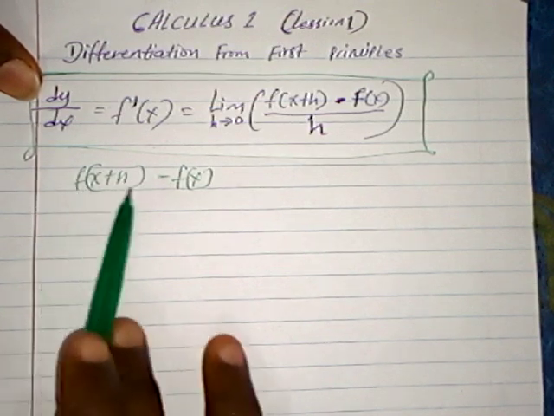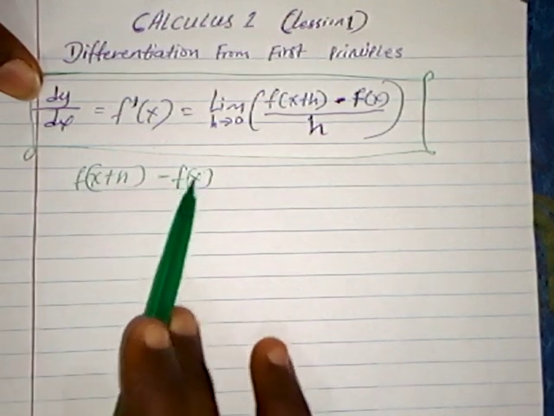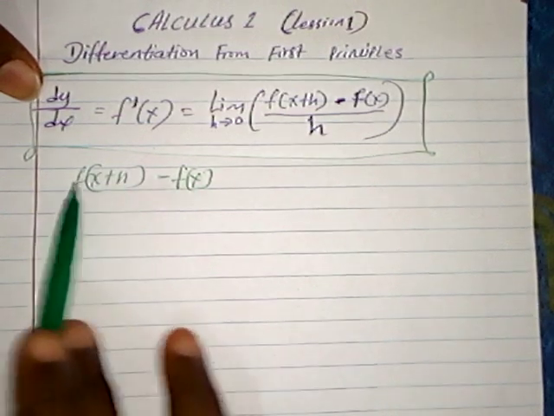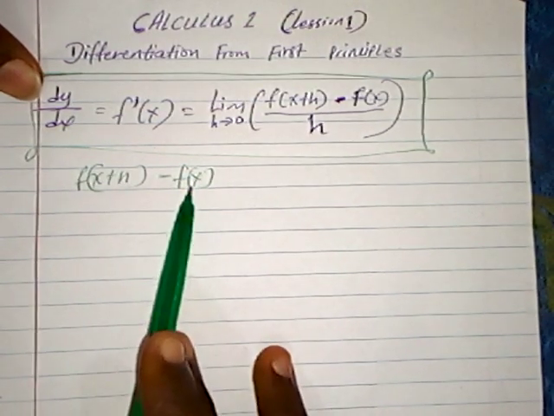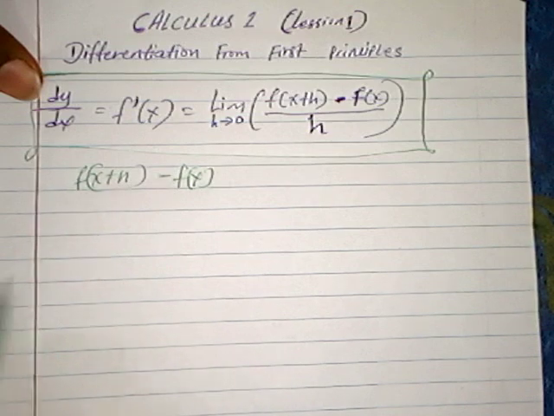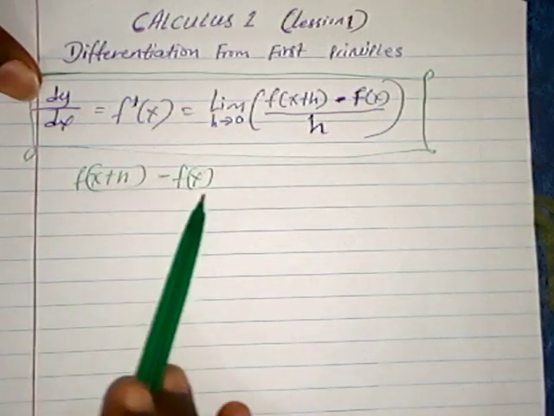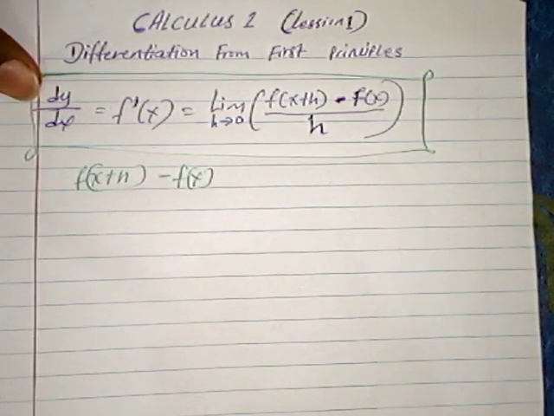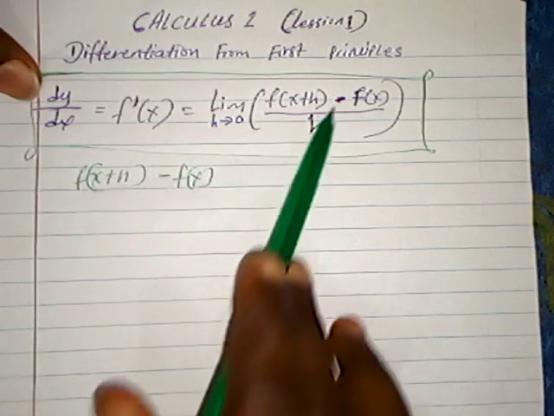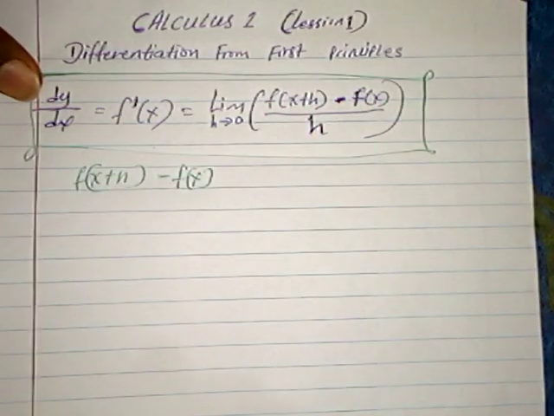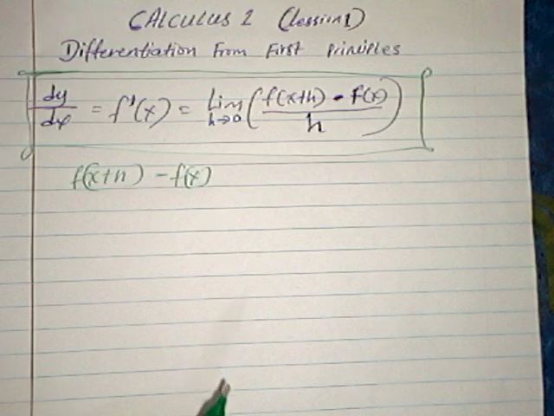You have to solve for the first function and as well for the second function. You find the value of this and the value of this, and now you'll be substituting the values into this formula. Do you see it? Good.